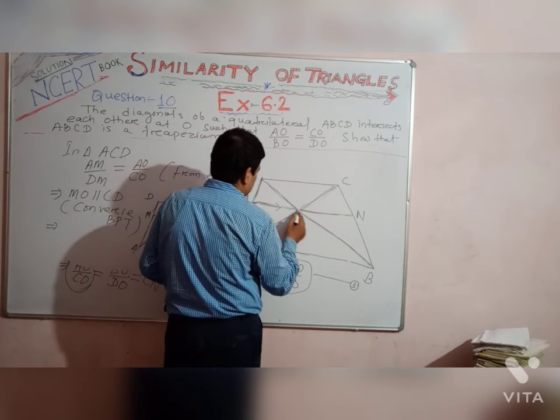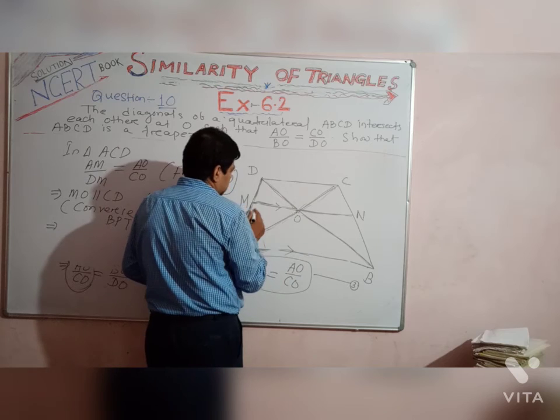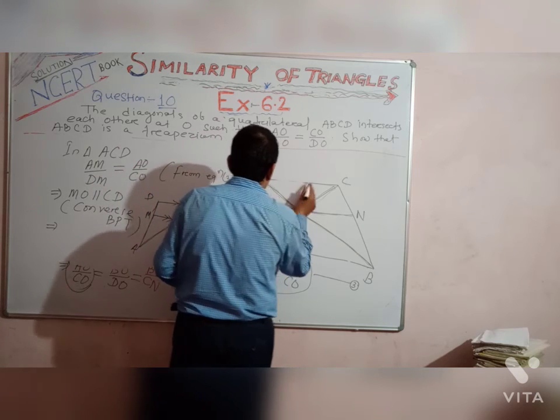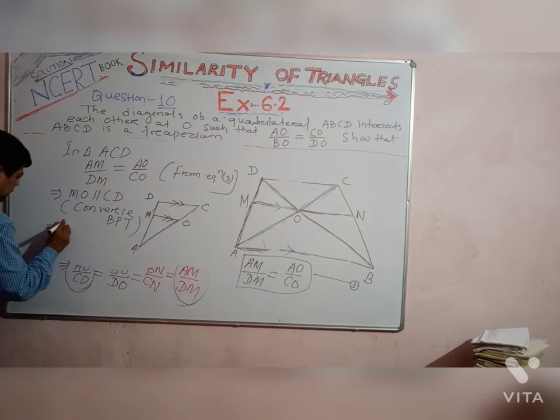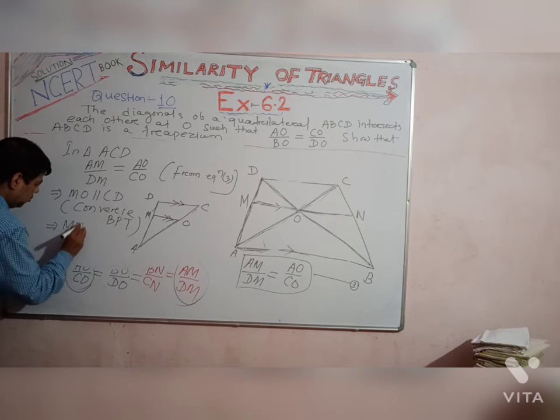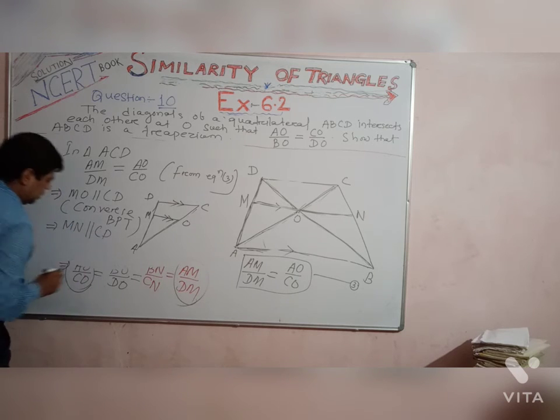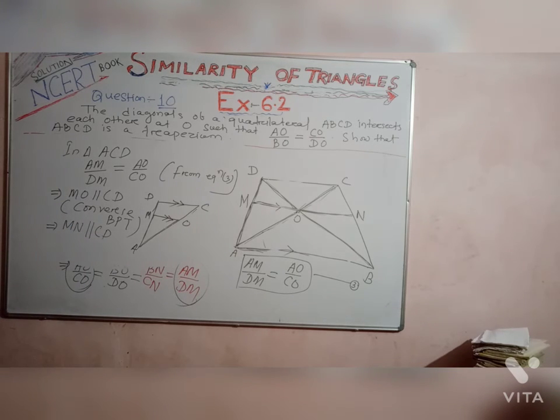So since MO is parallel to CD, it is clear that MN is also parallel to CD. That implies MN parallel to CD. Understand? Yes or no? Yes.